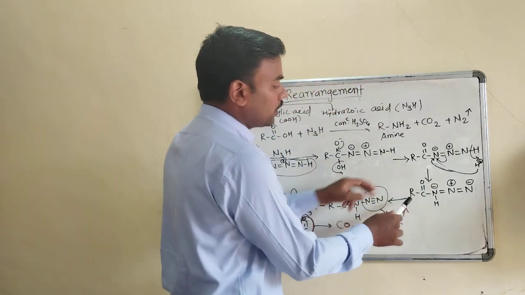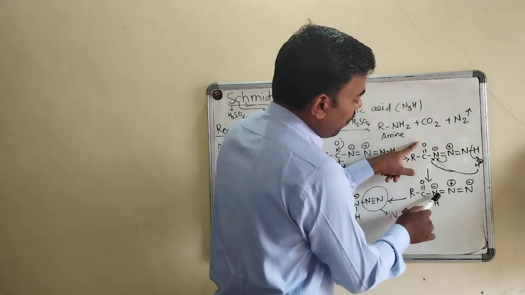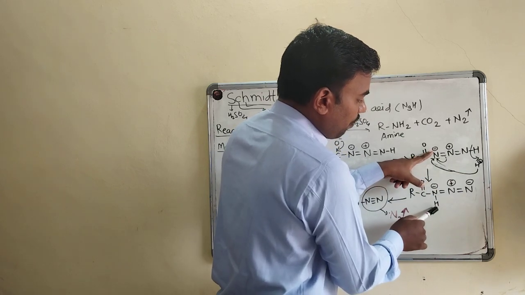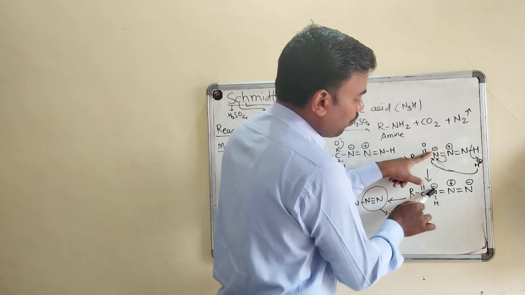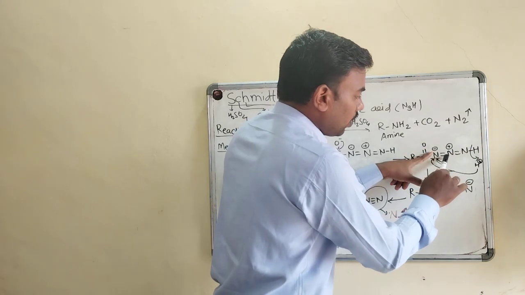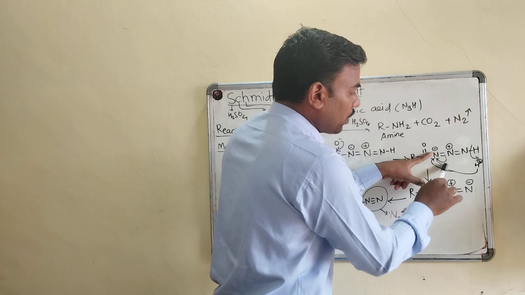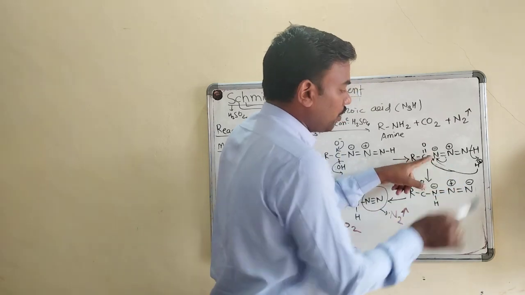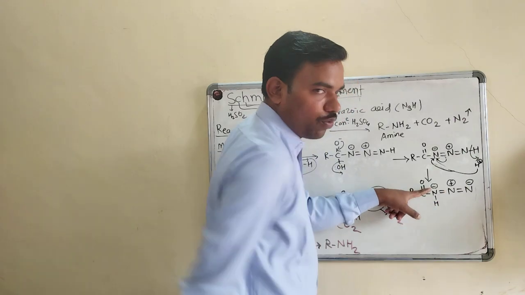So what will be the further structure? R C double bond O, N minus, H is getting attached. You may say that if H goes onto this, the charge on the nitrogen should go, but the pair of electrons shifts from this bond to this nitrogen, so that nitrogen remains negative.